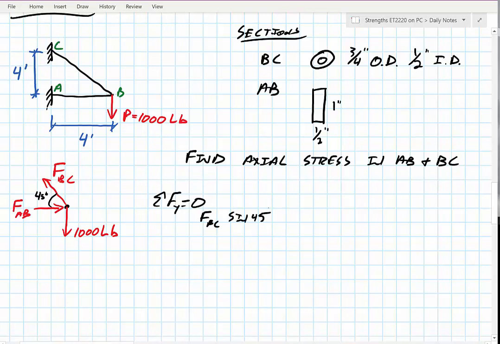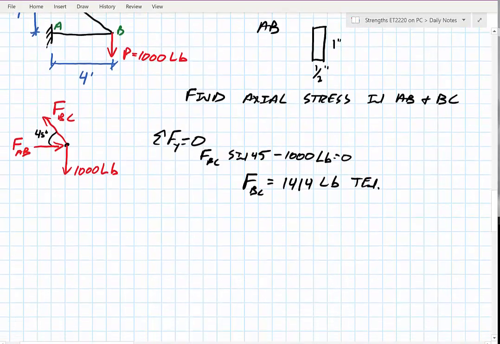FBC sine 45 minus the 1,000 pounds is equal to 0. So my force in member BC is 1.414 kips, and that is in tension.